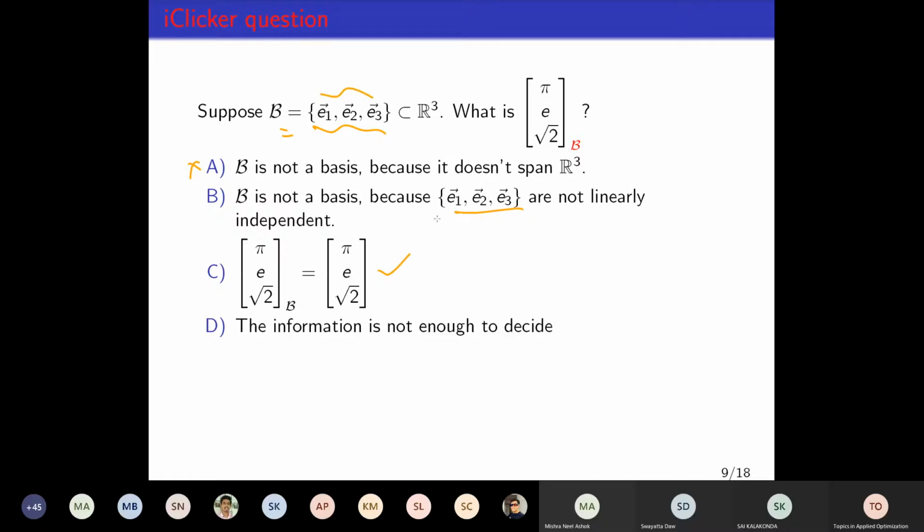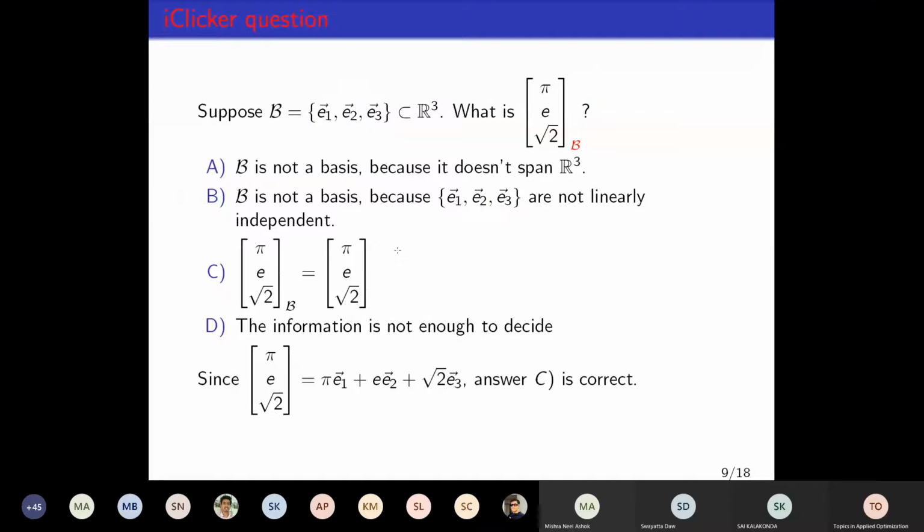B is not a basis because this is not independent is also false, unless this definition is changed, but I don't think I've changed anything. This seems to be true. The information is not enough to decide? No, that is not correct. These are just canonical bases, so this will be the same as this. Yeah. So answer C is correct.